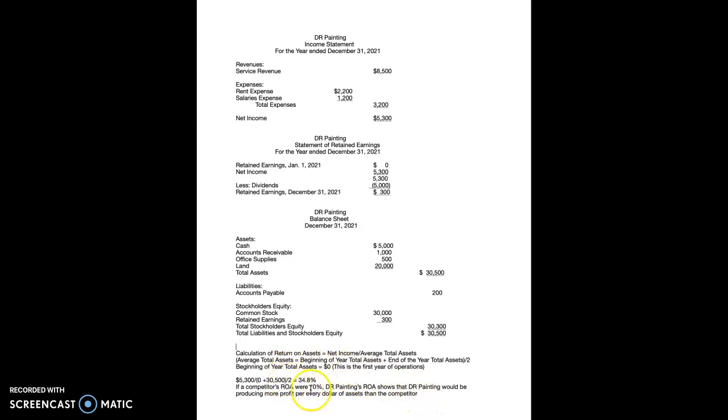Because the ROA for DR Painting is 34.8%, that means that for every dollar invested in assets, DR Painting is generating 34.8 cents of profit on those assets for every dollar of assets. I hope this helps.